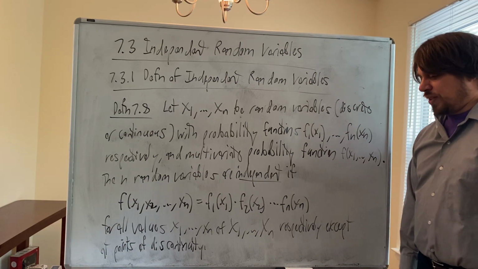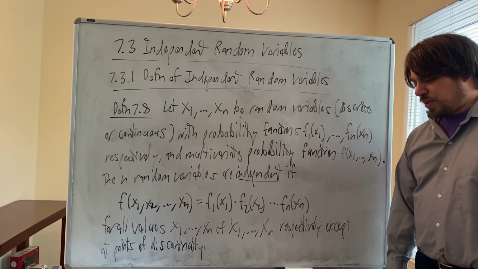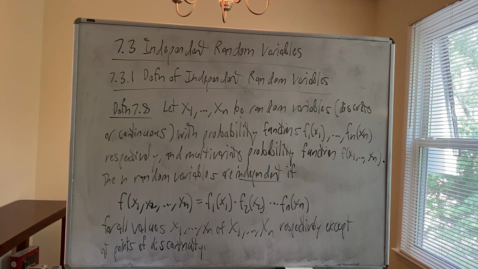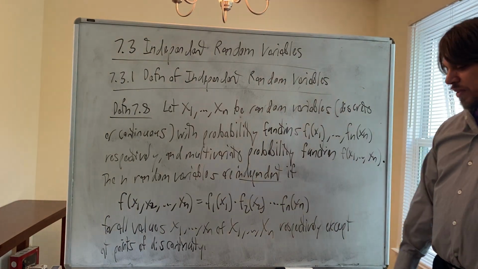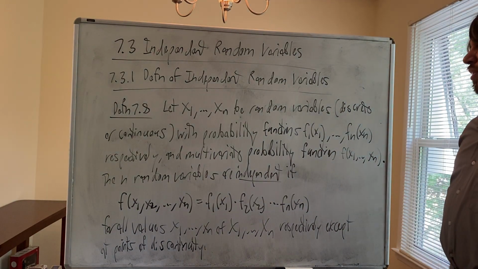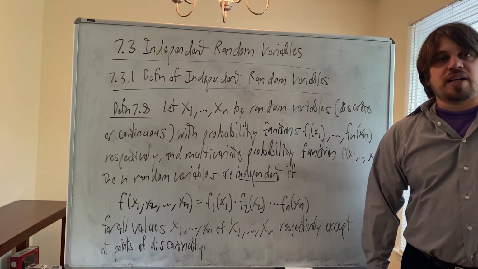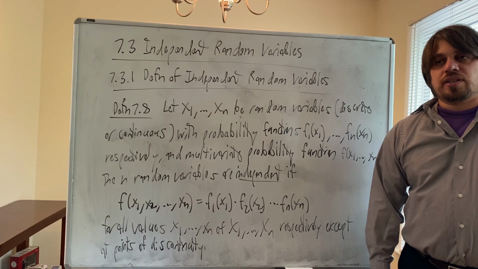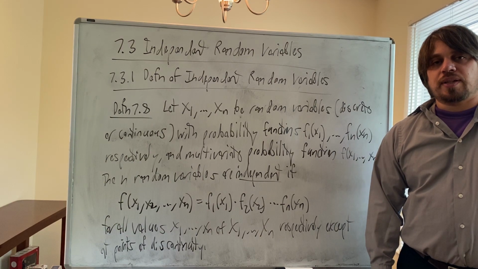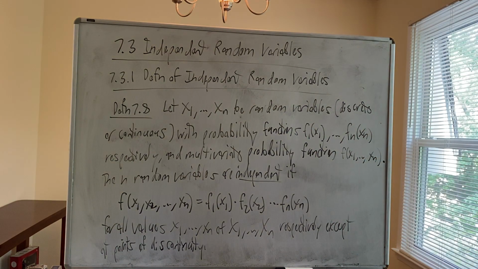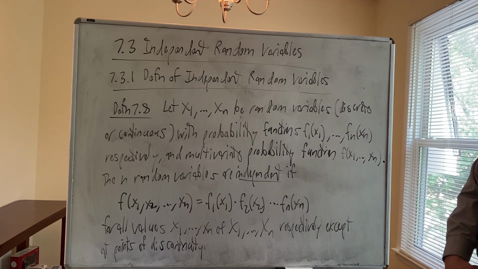Okay, so write down the definition, and then in the next example 7.17, I'll give you an example where we show that two random variables are independent. So you'll see how this definition is applied to show that two are independent. Okay, so I'll give you a moment to write down definition 7.8.